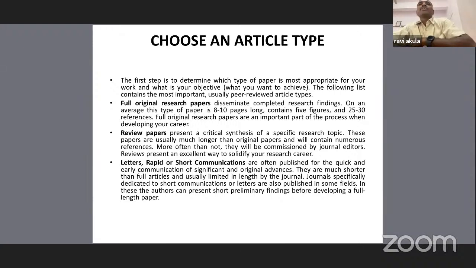So review papers present a critical synthesis of a specific research topic. These papers are usually much longer than original papers and will contain numerous references. More often than not, they will be commissioned by journal editors. Reviews present an excellent way to solidify your research career.